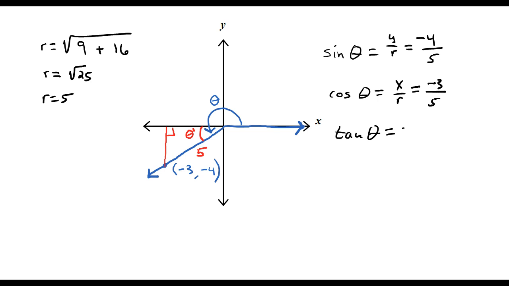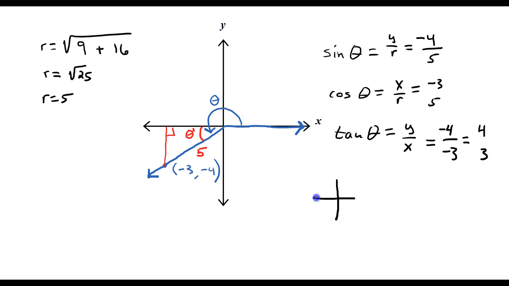Alright, and then my tangent is y over x. y is -4, x is -3, so together -4 over -3 is a positive 4/3.